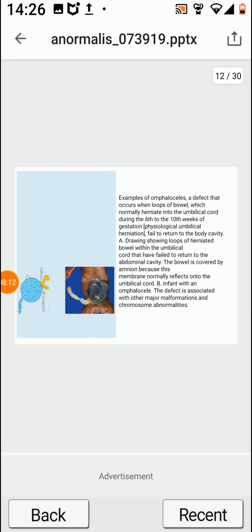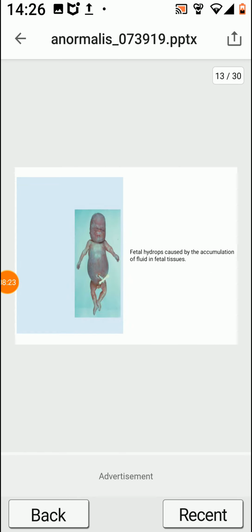And now, this is what we call omphalocele. In omphalocele, we have the loops of the bowel herniating into the umbilical cord. Now these are fetal hydrops, just accumulation of fluid within the fetal tissues.